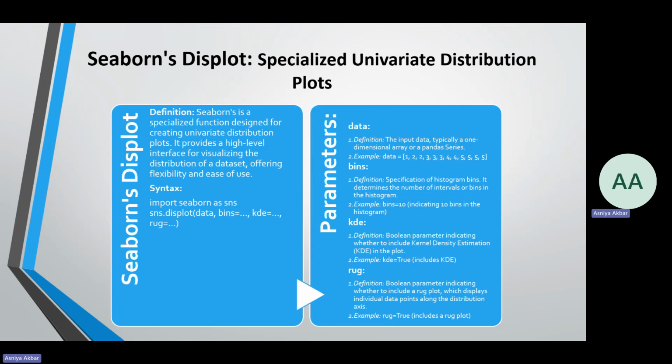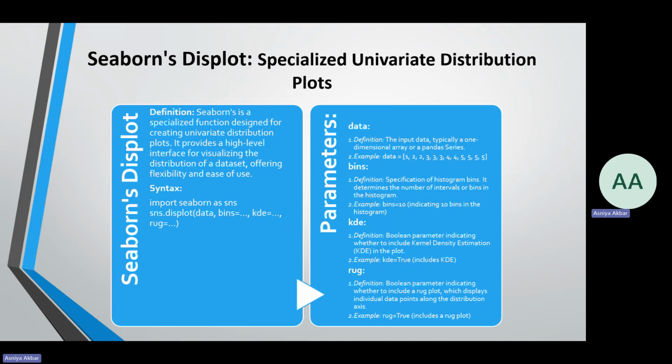There is KDE, a Boolean parameter indicating whether to include the kernel density estimation in the plot. So you can keep it true or false using the Boolean values. And lastly, we have rug, which is a Boolean parameter indicating whether to include a rug plot, which displays individual data points along the distribution axis.